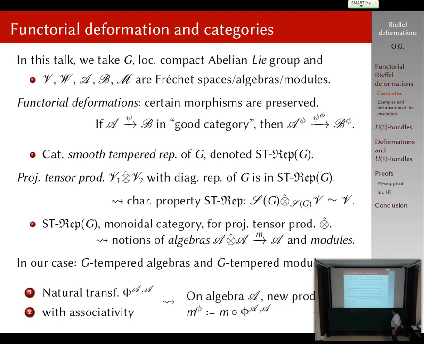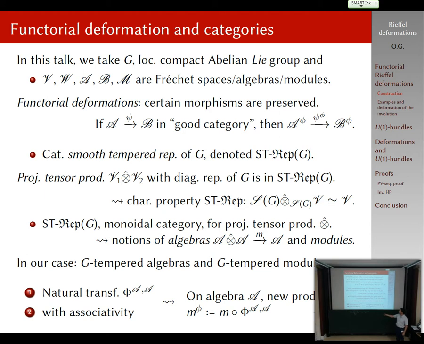Now a summary, an announcement of what we want to do. We're going to use this structure of monoidal category to give a meaning to natural transformations that we can then study.